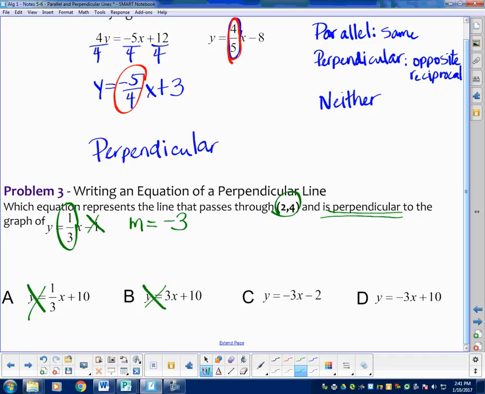Okay, let's plug in our x and y. Four is going in for the y, negative 3 is going in for the slope, and 2 is going in for the x. Can anybody see it already?